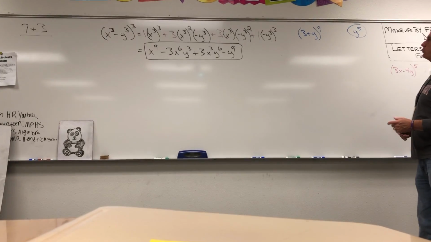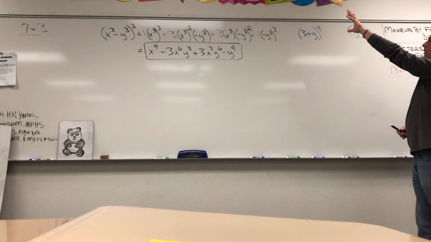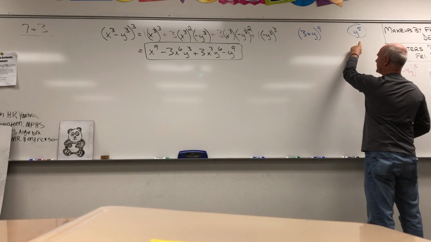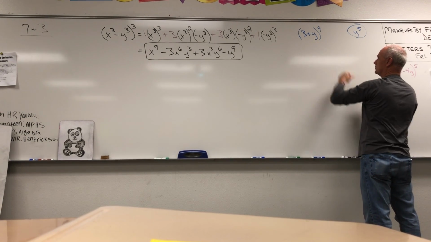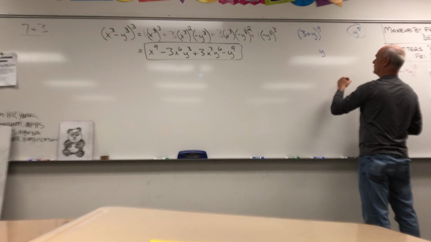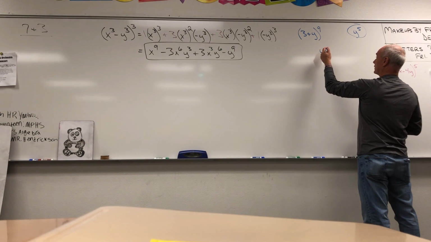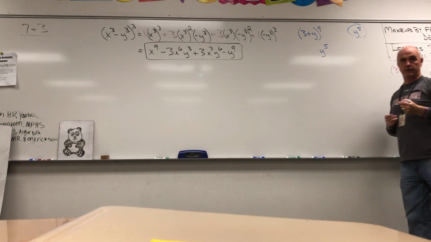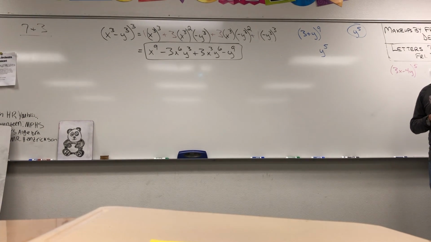So here's what we know. To get this, we're going to have to do y to the 5th, right? You're overthinking that first part. Now, here's where you actually have to think a little bit.